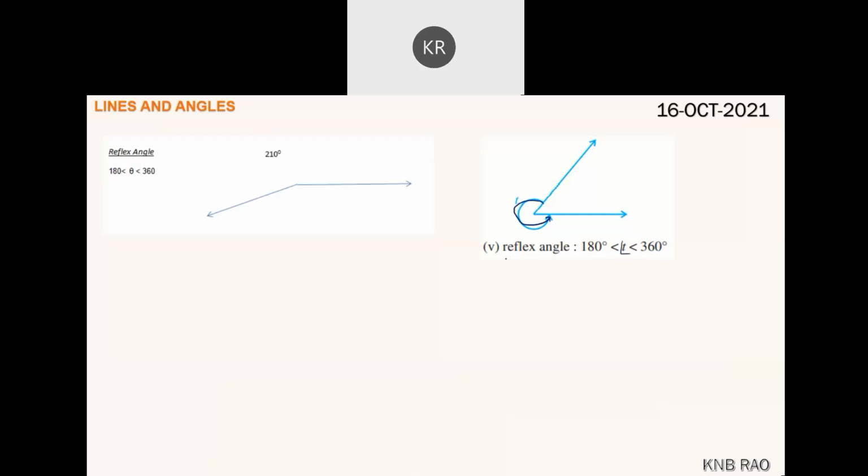Then why is it called reflex? It looks like something like a concave mirror, a bigger type. Objects seen in a concave mirror are broader, am I right?